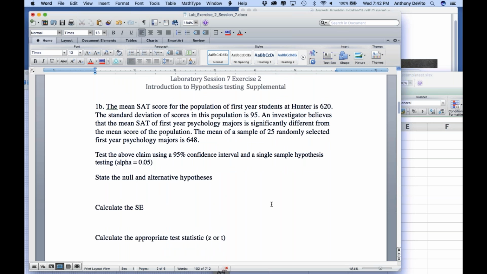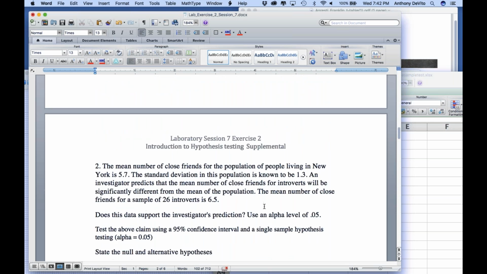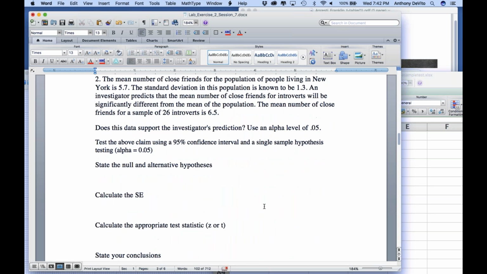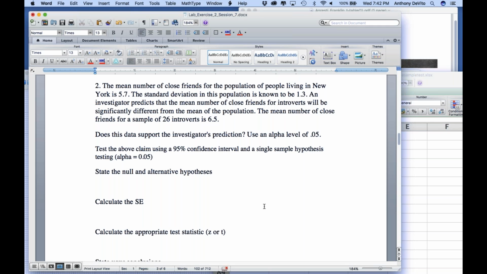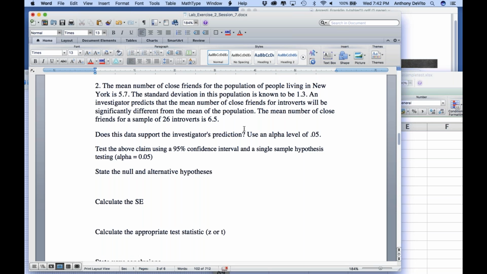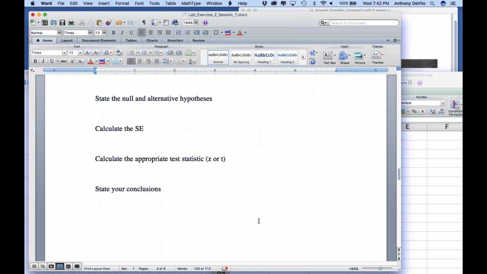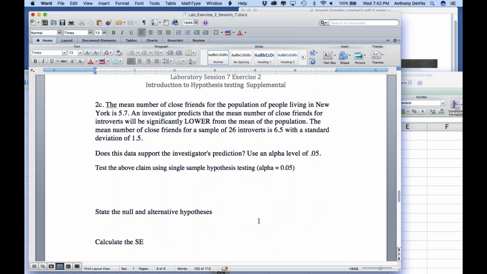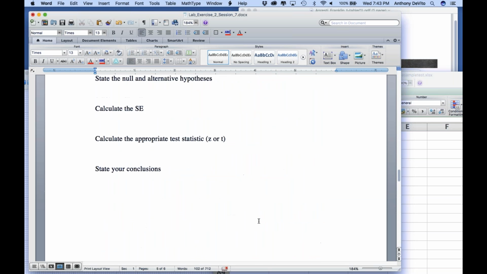Okay, so let me see what I can do next here. Okay, this is a very similar one. Okay, let's do this one. I'm not going to do that. That's kind of the same. Let's see if we know. That one's known also. I want one that's not known. Oh, how about this one?